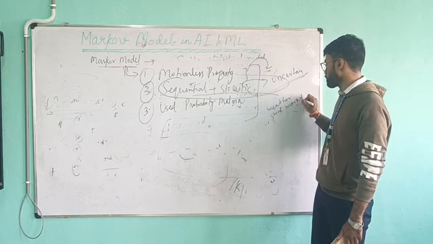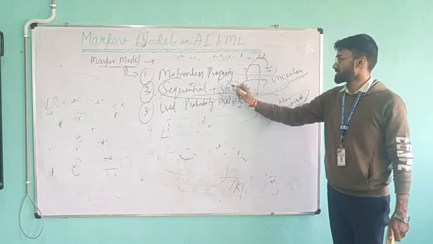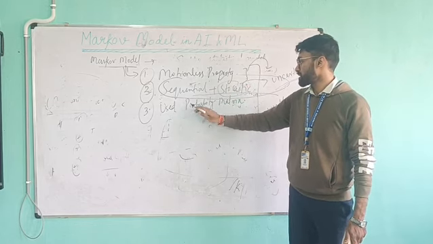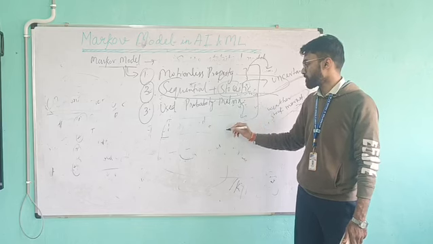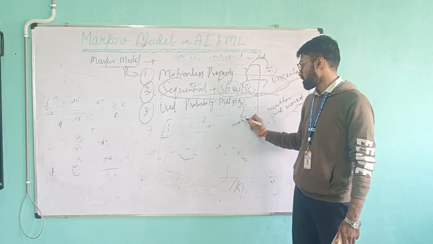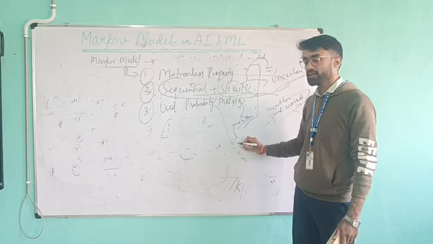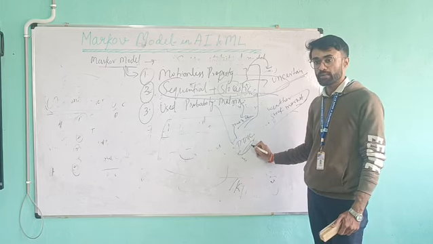You cannot predict the stock market, so it is a stochastic environment. And third, it uses the probability matrix. A probability matrix consists of rows and columns, and it is basically used in DTMC because here the states are completely visible.